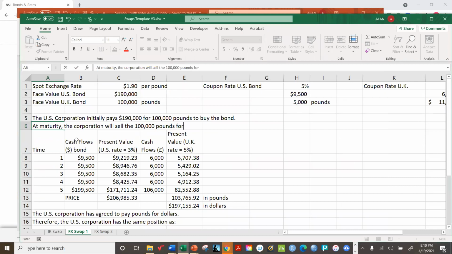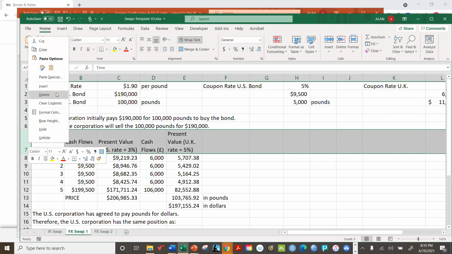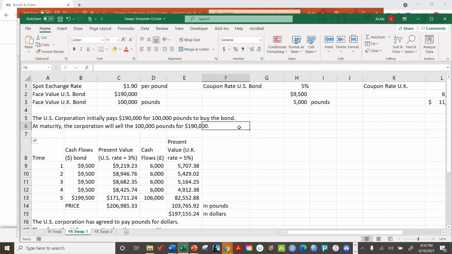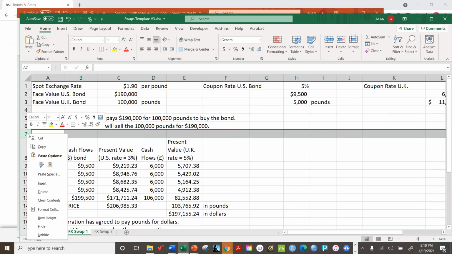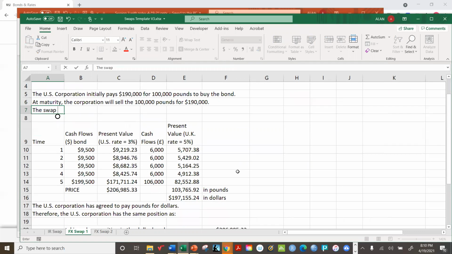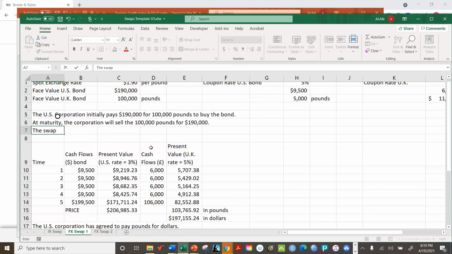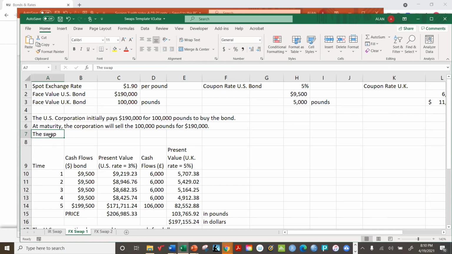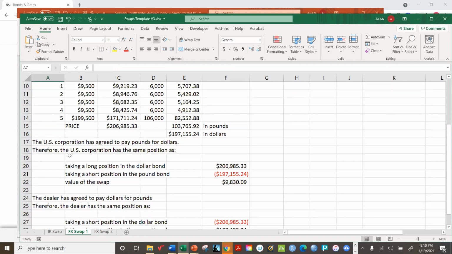That's the agreement that we've entered into. So in effect, the swap, there it is. The U.S. corporation has agreed to pay pounds for dollars.